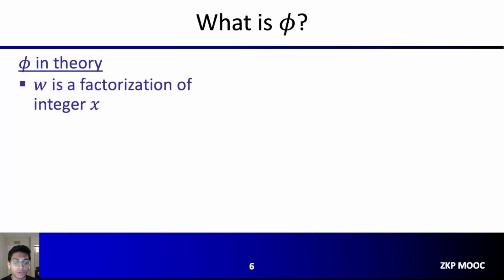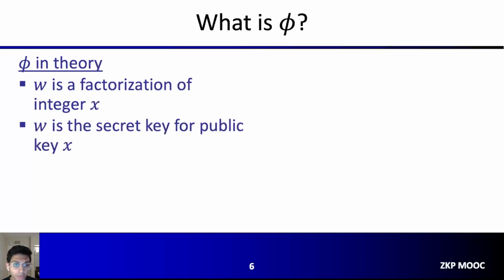So for example, you could use phi to prove the knowledge of the factorization of an integer. So your w, your private input, would be the factorization, and the public input would be the integer itself. And phi would just multiply the factorization and check that it equals the public input.